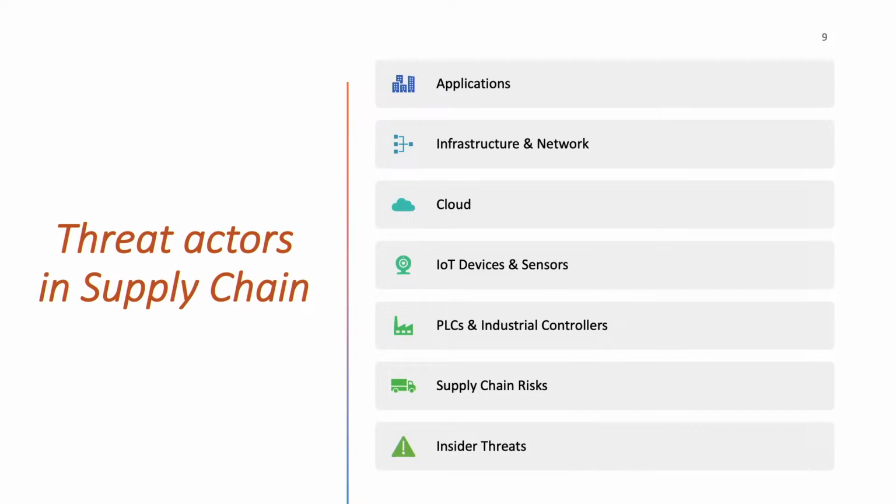Then multi-cloud environment is very common in supply chain, because it's not just one vendor or one company handling it. Every company has a multi-cloud environment, so that's also a big threat actor in that case.